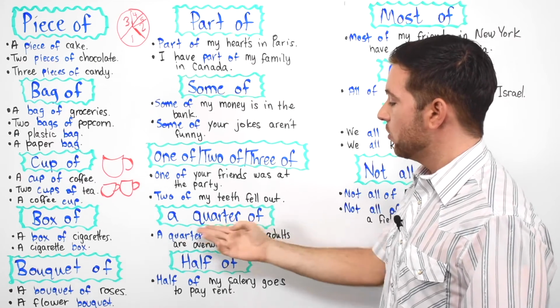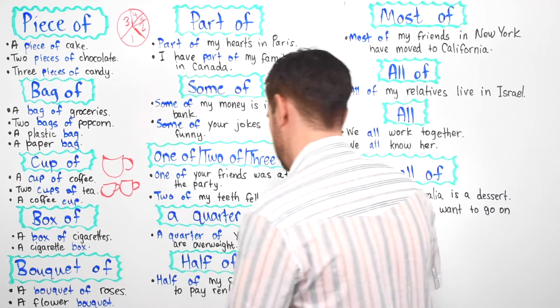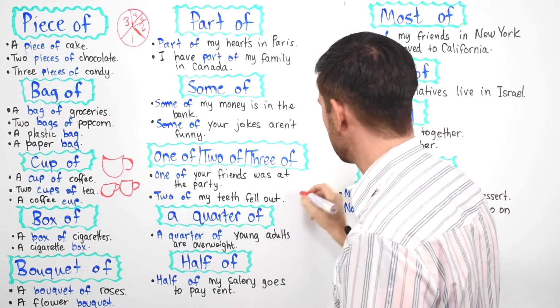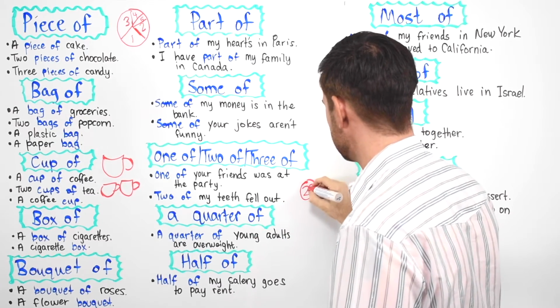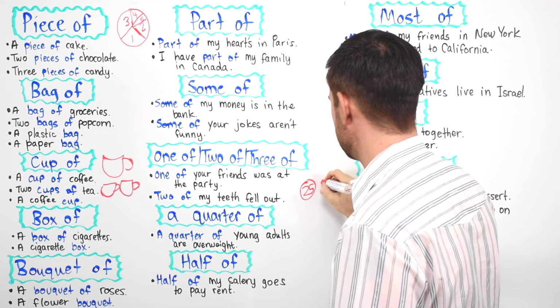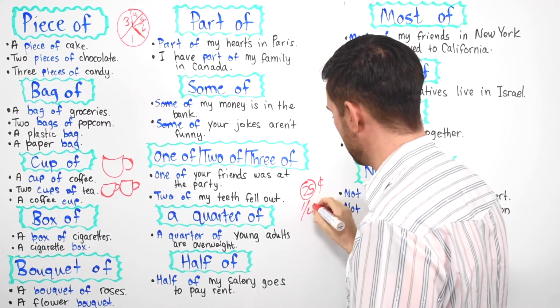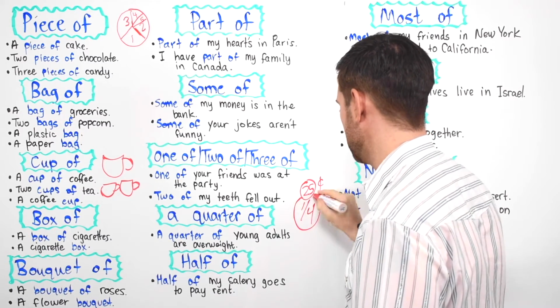Now we have a quarter of. Okay, so a quarter is 25 cents also, in terms of currency in America, right? So a quarter is 1/4, okay? That is a quarter.